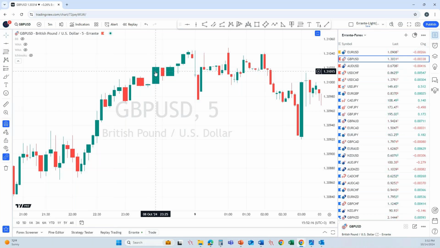Conversely, smaller candlesticks, like the last candle of the last 5 minutes of the last session last night, indicate low volume, which might mean indecision or a lack of interest from market participants.